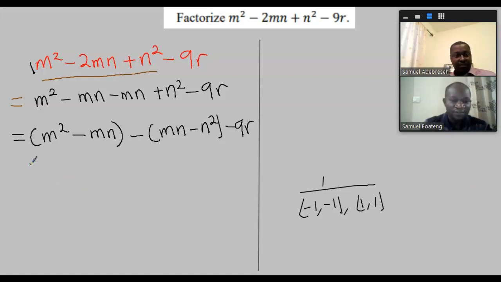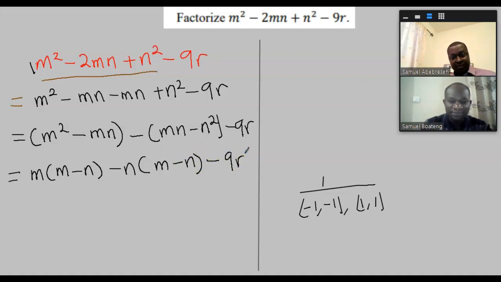So equal to, let's factorize. In the first bracket, you see that m is common, so you bring it out, leaving m minus n, bracket close, minus. Here n is common. Bring n out, you have m minus n, close the bracket, minus 9r.